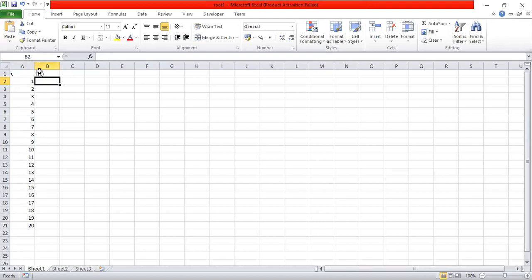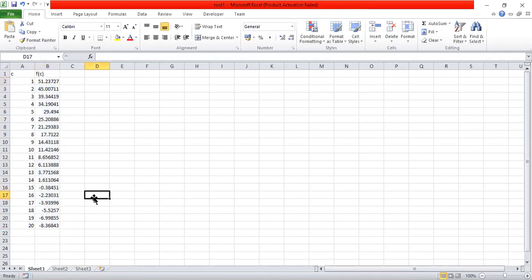Then you find the f of C. To find the value of the function when C is equal to 1, I place the cursor here, then in this box I type this, the function in Excel format. When I click enter, you arrive at the function. Then when I drag it, I arrive at the function for each of the values.